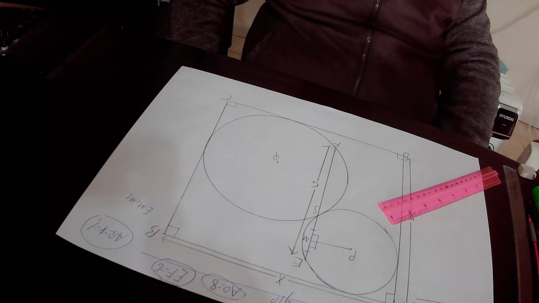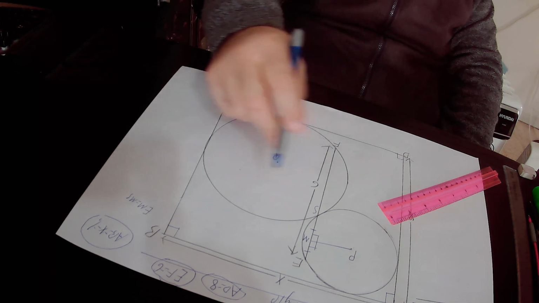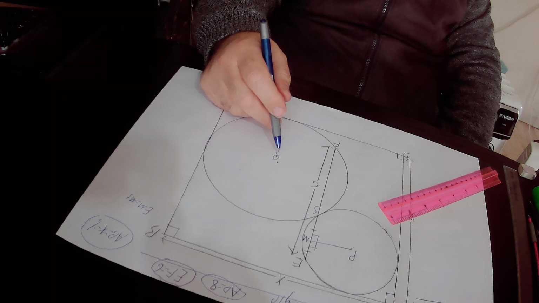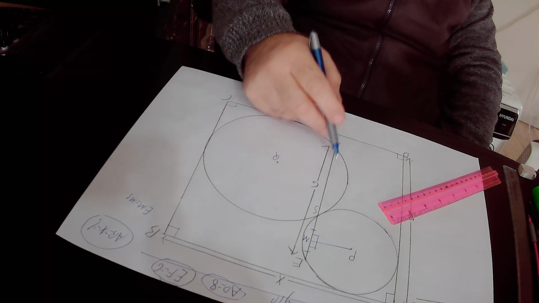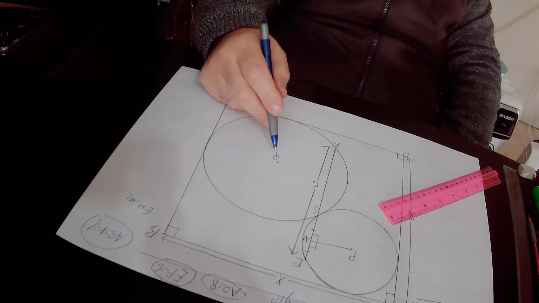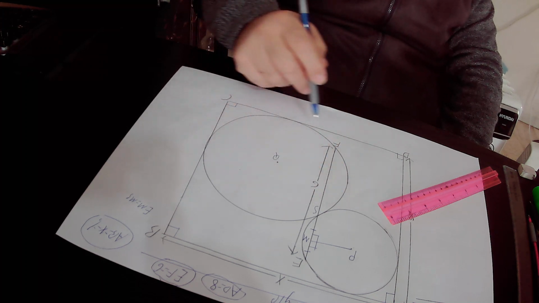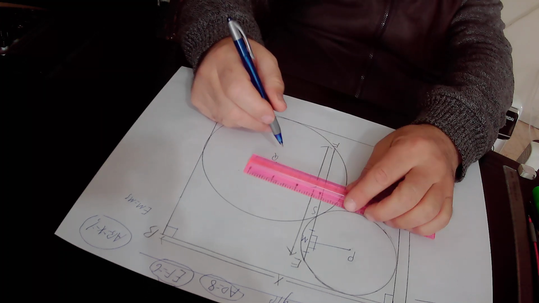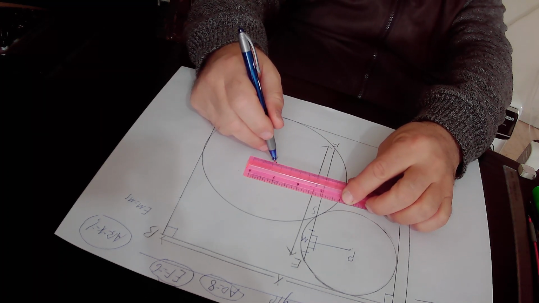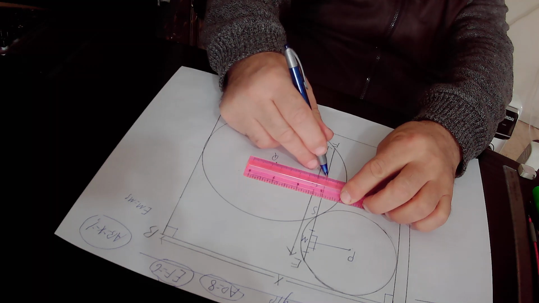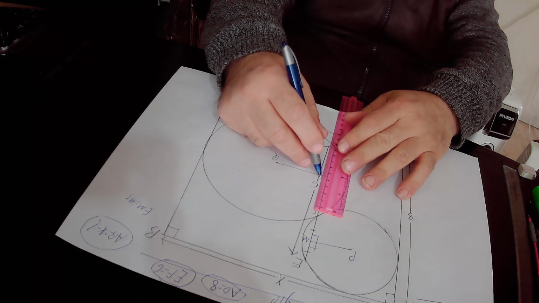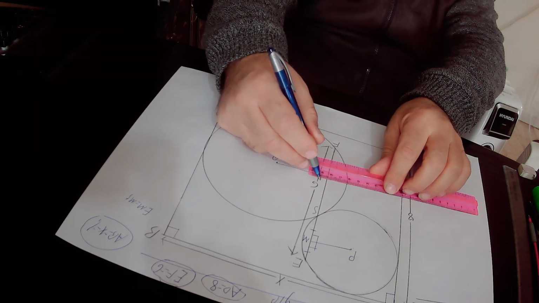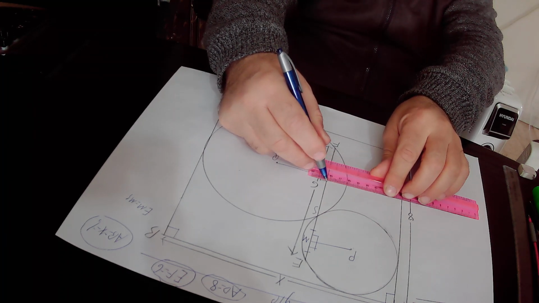Likewise, from the center of this big circle, that is to say from point Q, we will draw a perpendicular on chord SF. This angle equals 90 degrees according to our construction.